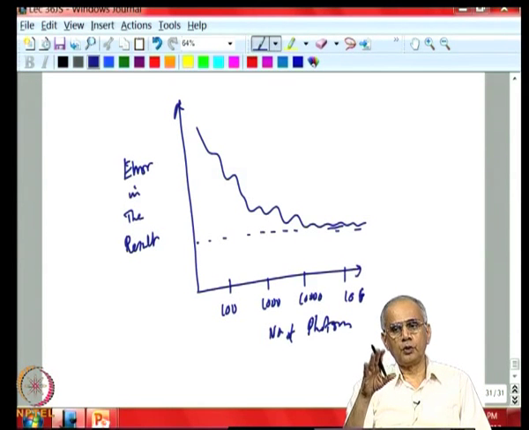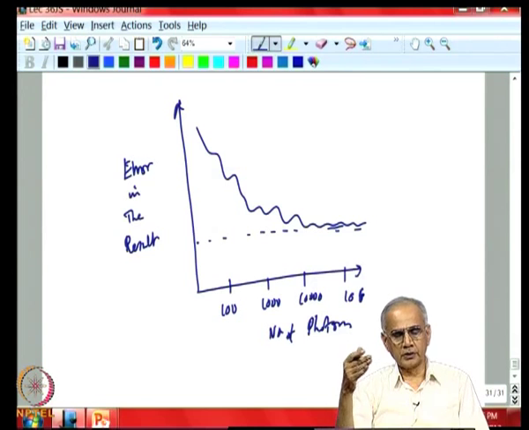This is of course true only for a problem for which the answer is known. So, what is normally done is that these Monte Carlo techniques and software that are already available are tested on some standard problems for which the results are quite well known, and based on that we make a judgment about how many photons are required in a problem for which no result is really available.